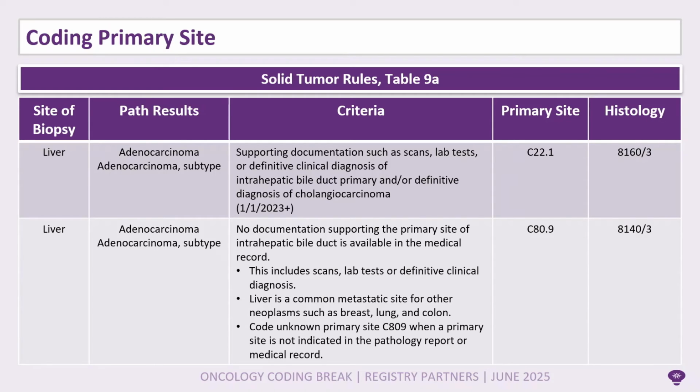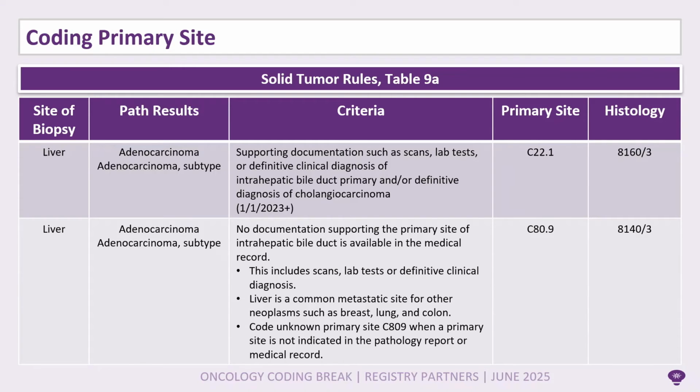Next, if we have a biopsy of the liver and the path result is adenocarcinoma or a subtype of adenocarcinoma, and there is no documentation supporting the primary site of intrahepatic bile duct in the medical record, and again, that would include in your scans, lab test, or definitive clinical diagnosis, then we do have to code the primary site to C80.9.